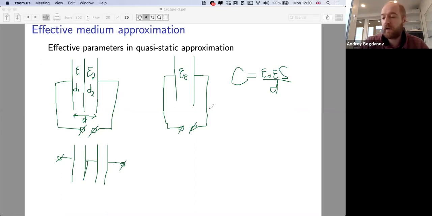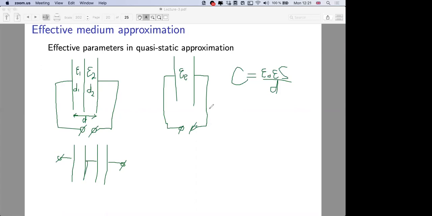Okay, and what is the expression for capacitance? 1 over C is equal to 1 over C1 plus 1 over C2.